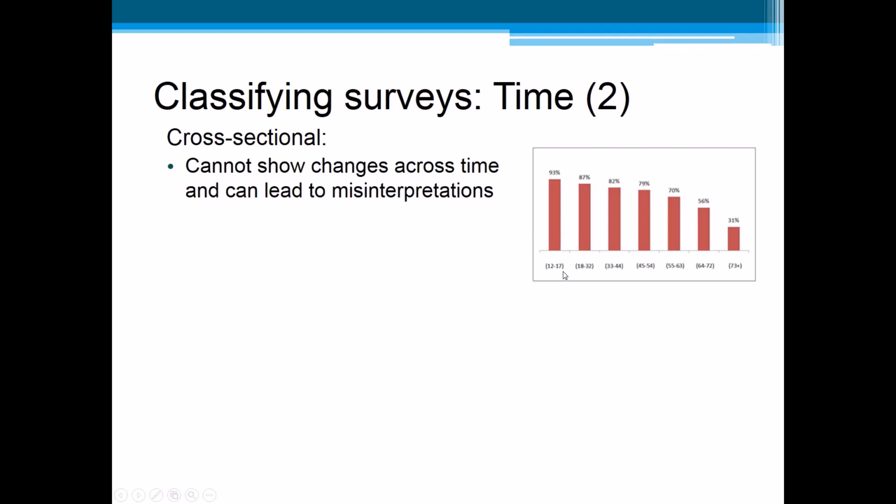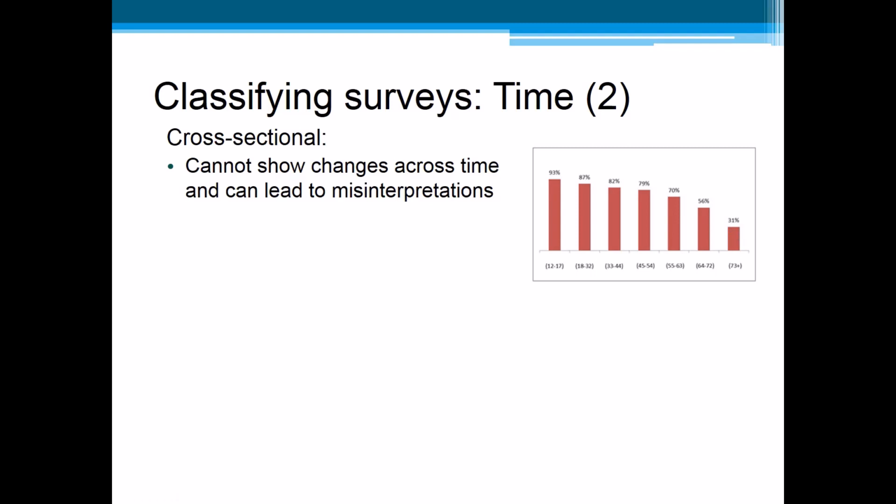What we see here is that we've got age groups along the bottom of the screen: 12 to 17, 18 to 32, 33 to 44, through to 73 plus, and it appears that whatever we're measuring here is lower and lower across those older age groups.